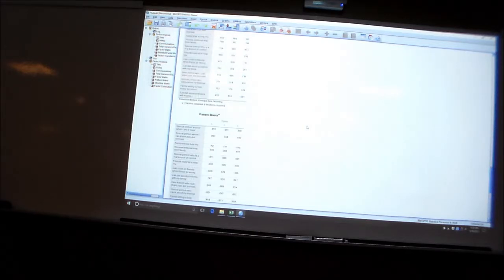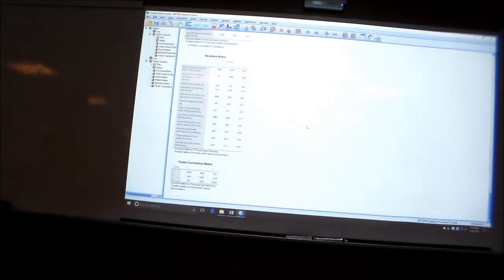But if we look at our pattern matrix and we're looking at unique relations, item 1, strong unique correlation with factor 3. Item 2, strong unique correlation with factor 3, right? And so again, probably the pattern matrix is what we're looking at, and the structure matrix is just giving the raw correlations.